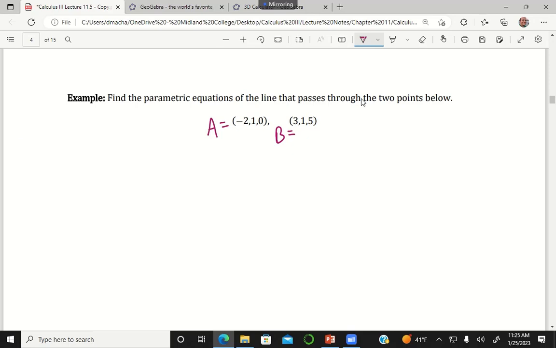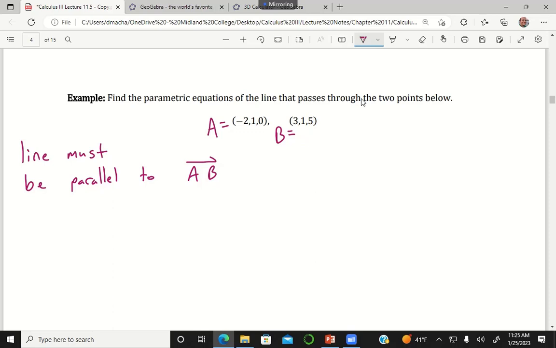And what I know is that my line must be parallel to a vector that stretches from A to B. So if the tail of the vector is at A and the tip of the vector is at B, my line needs to be parallel to that vector.